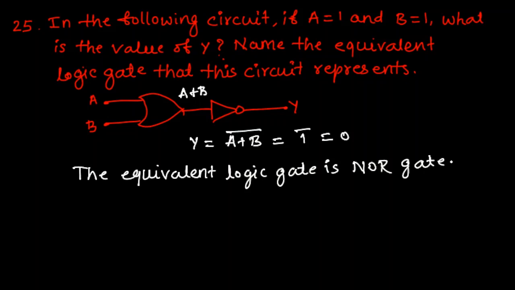Okay, this is the answer. The NOR gate means its symbol will be like this. We have to put one bubble here after the OR gate, and this is the symbol for NOR gate. But this is not required. Here they have asked only name the equivalent logic gate. So the equivalent logic gate is NOR gate. This much is enough. This is for your additional information.